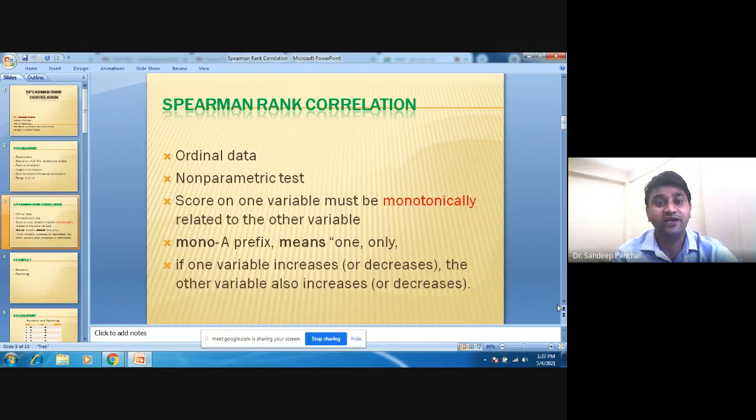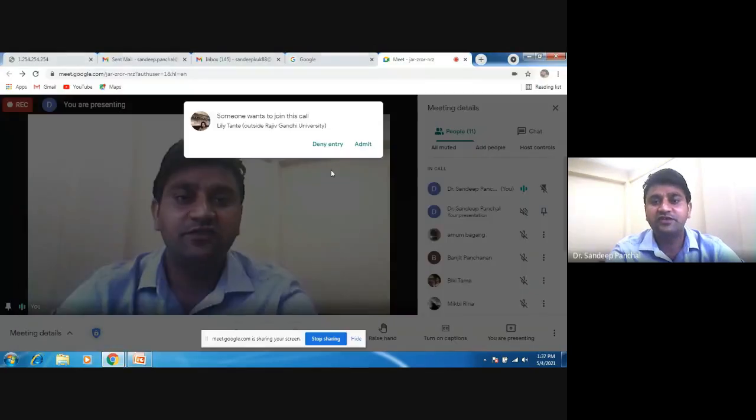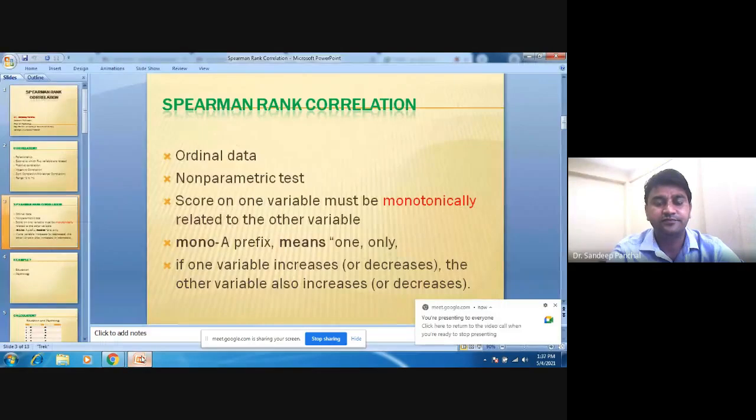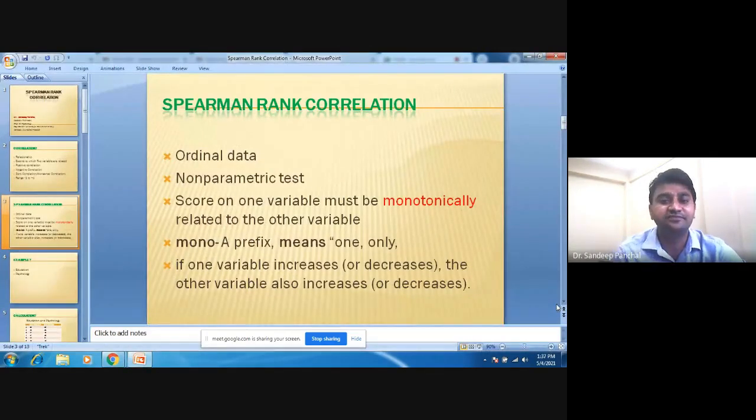That is why it comes under non-parametric tests. Non-parametric simply means there are no parameters, no assumptions about the distribution of the sample in terms of normality.